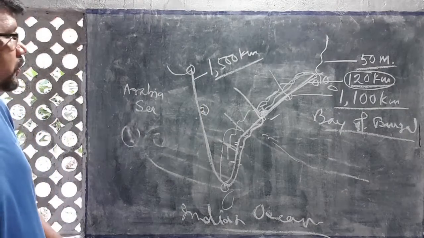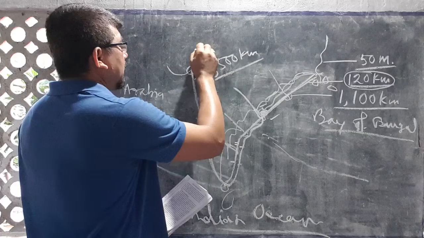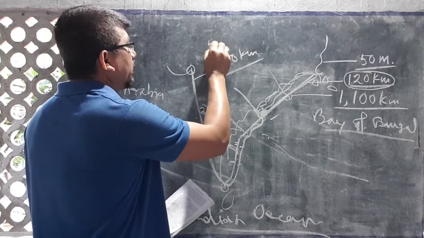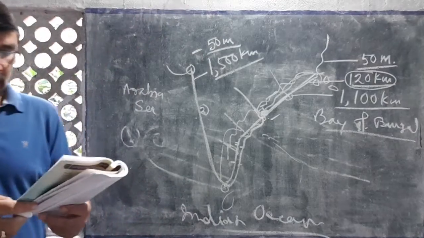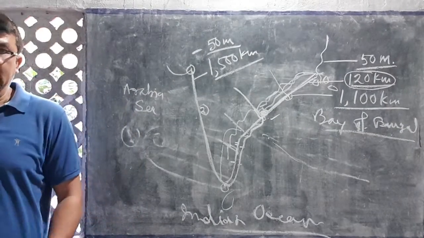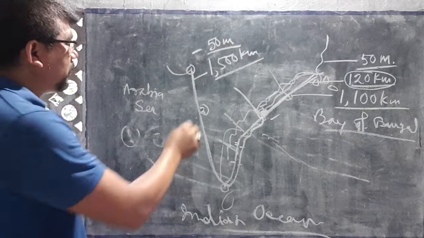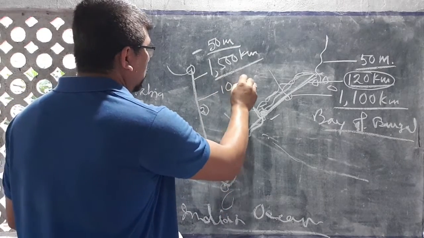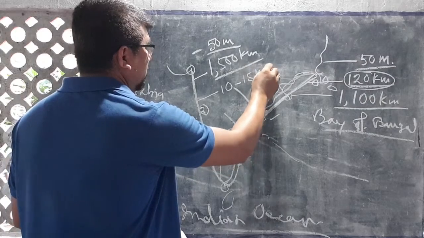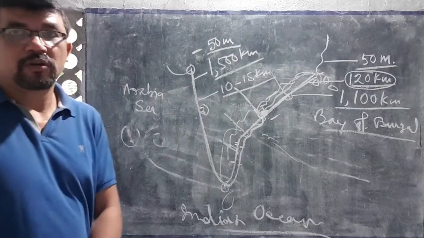And from sea level, its average height is not more than 50 meters. And the width of this coastal region is 10 to 15 kilometers. Okay?